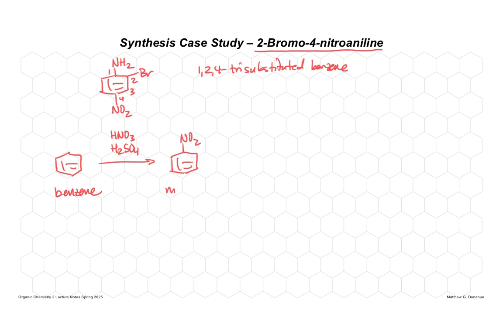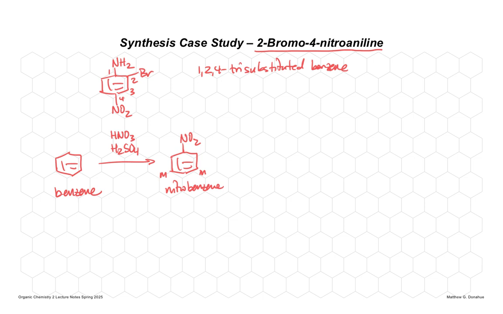So now we have this nitrobenzene. The issue with that substituent, it's a meta-director. And we could do a reaction with bromine to get the 1,3 relationship between that nitro and the bromine.